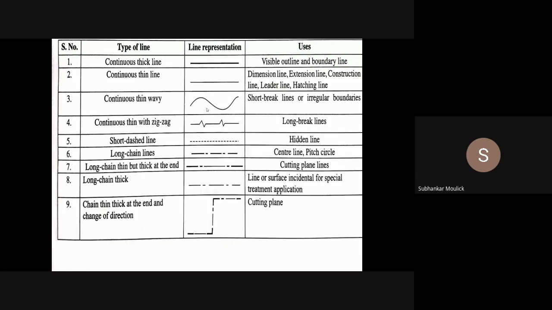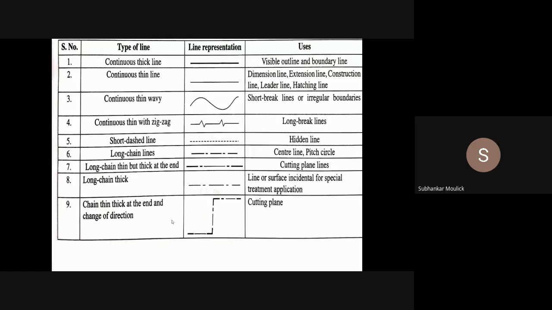Fine. That we will study in this slide. We don't require this 8th and 9th number line, so we will not discuss. In this semester, in this subject, we will not be using this 8th and 9th line. So we will not discuss these two lines. Fine. We will be requiring lines starting from serial number 1 to serial number 7.